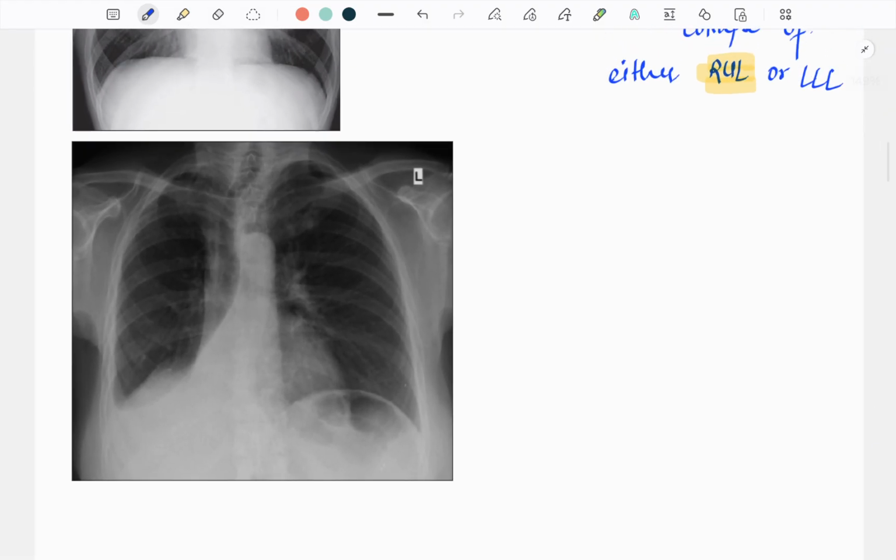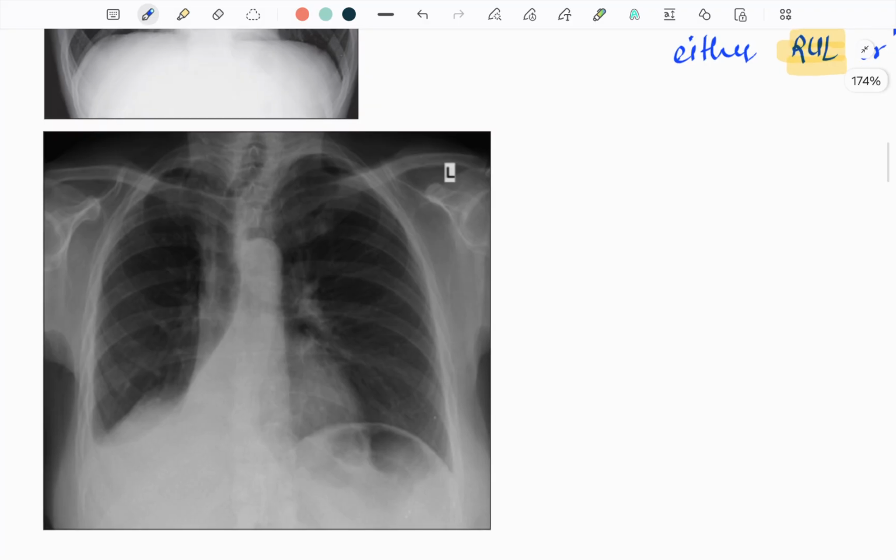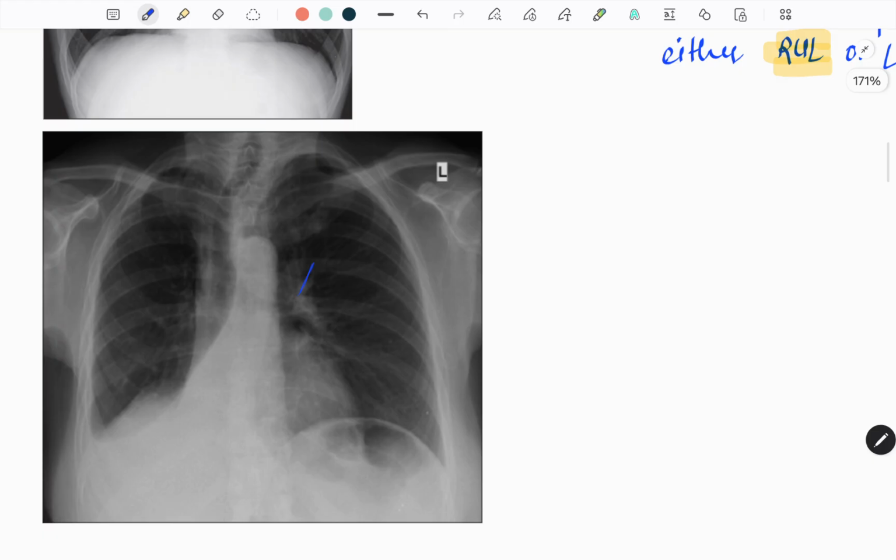Like in this case, this is the left side hilar V point, but on the left we are not able to see any lower lobe pulmonary artery here.